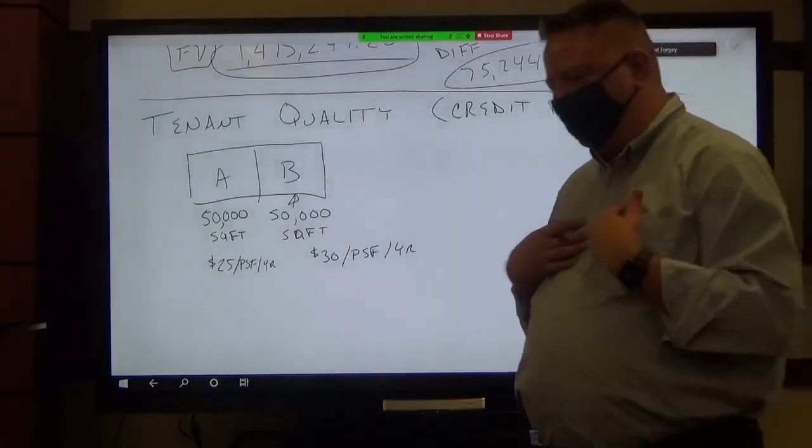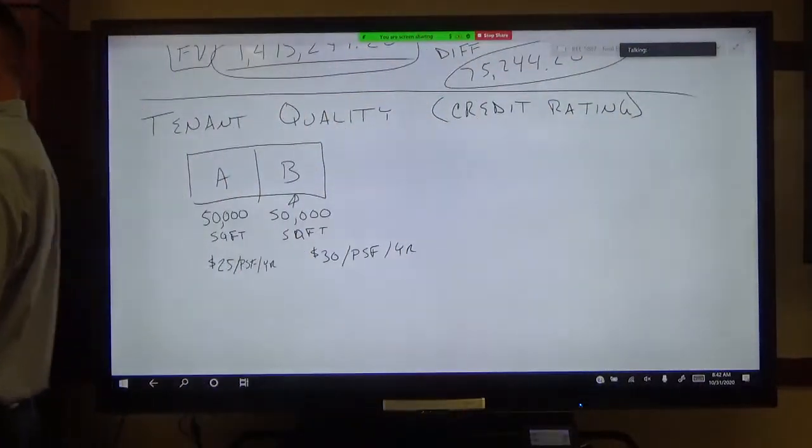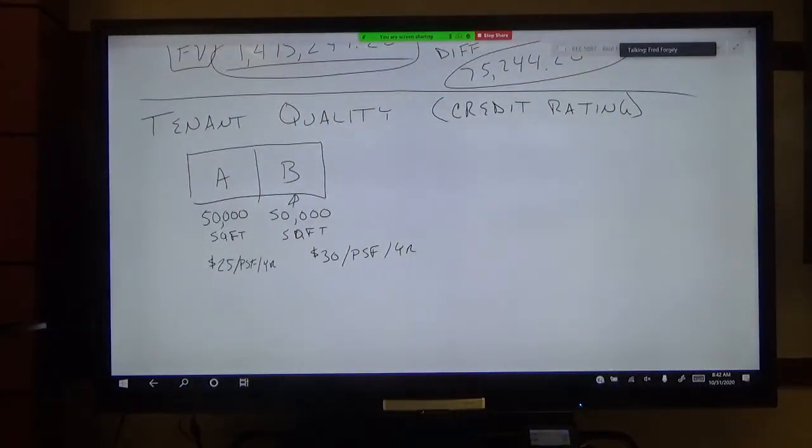Most lenders are going to try to evaluate the creditworthiness of those potential tenants, especially for this amount of space, this dollar amount. And the question is, what sort of risk adjustment might they make to account for this? How might you make that adjustment?